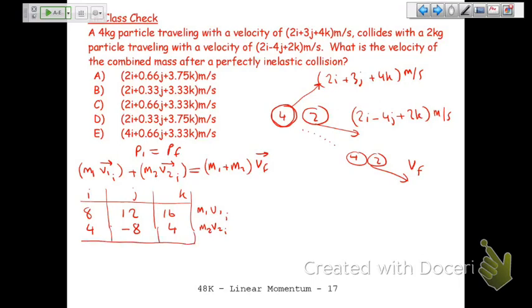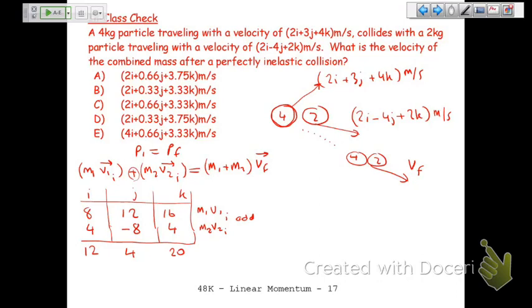And that tells me to add. So I'm going to go 12I, 4J, and 20K. So that's that right-hand side.